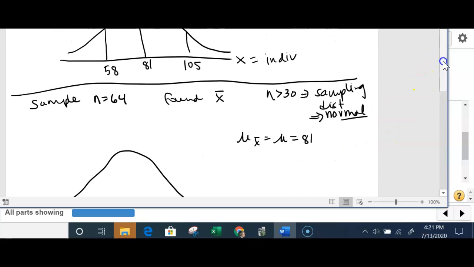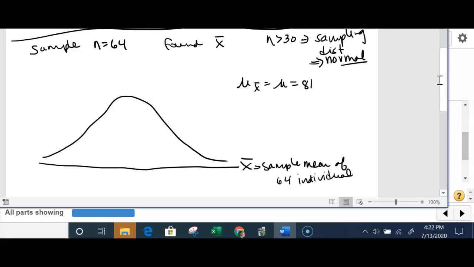Okay, the standard deviation of the sample mean is going to be the standard deviation of the population divided by the square root of n. It's also called the standard error. So in this case, it was 24 divided by the square root of 64, which is 24 divided by 8, which is 3.